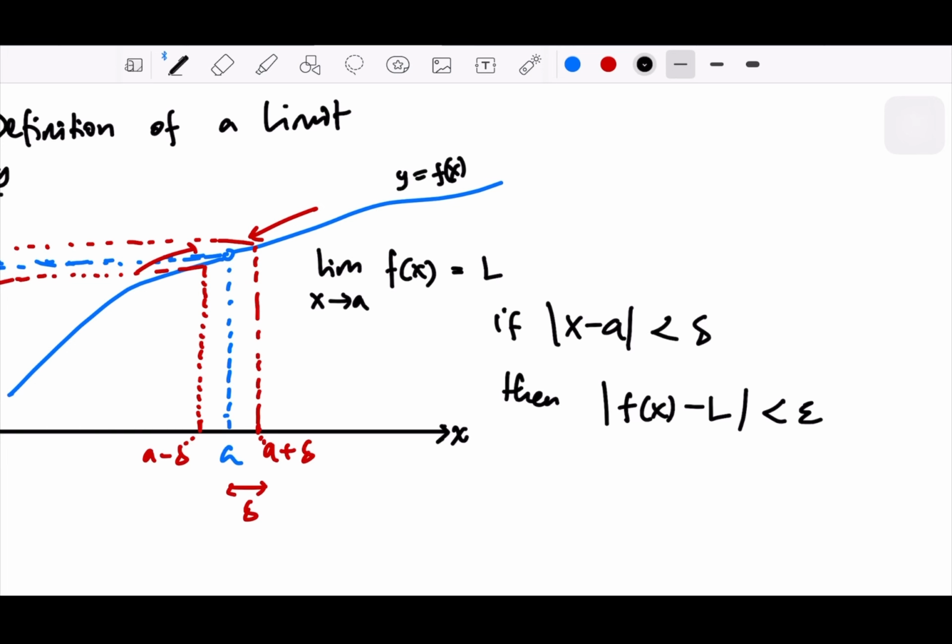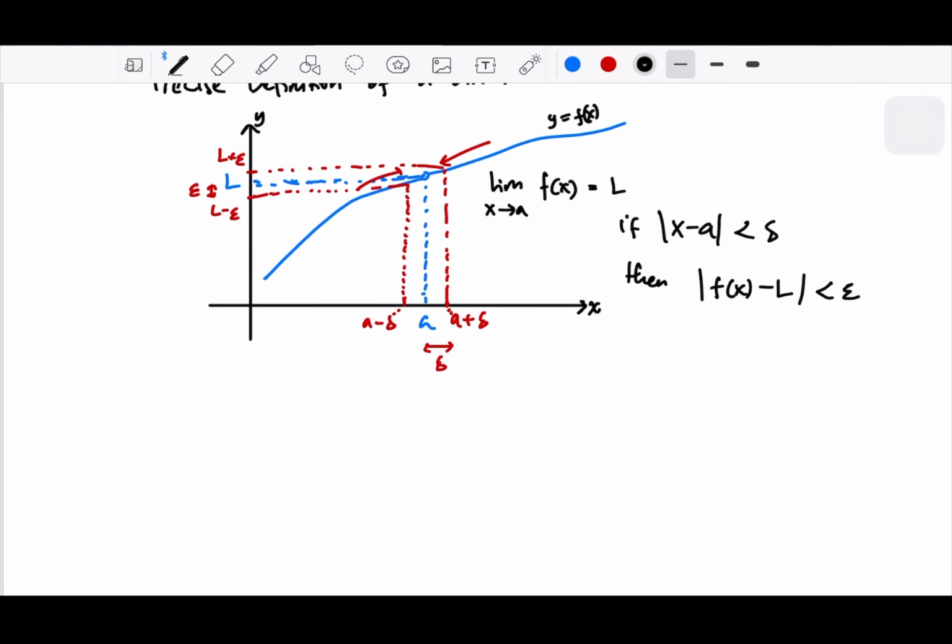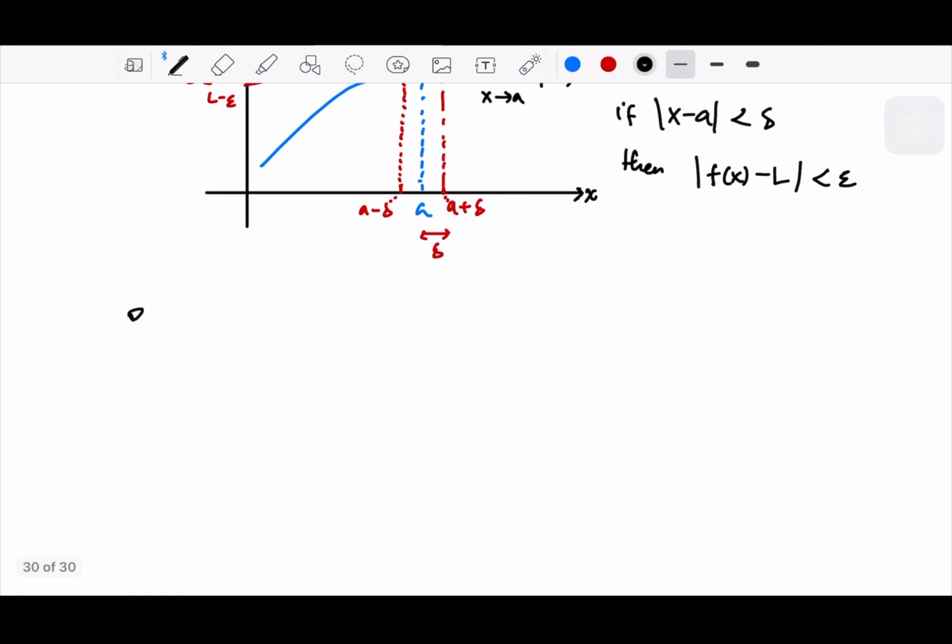Okay. And in sequences, it will be similar. So in sequences, we can write this down. Okay, so the precise definition of the limit of a sequence.